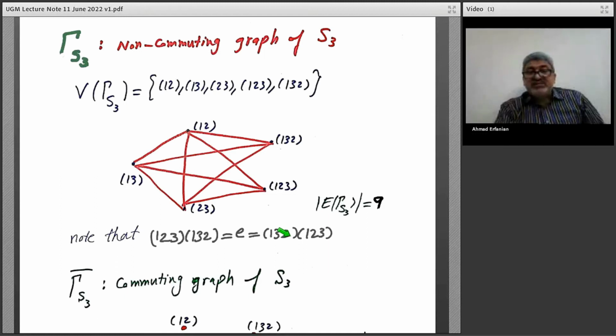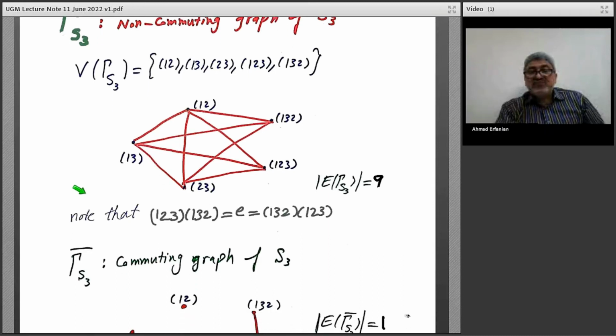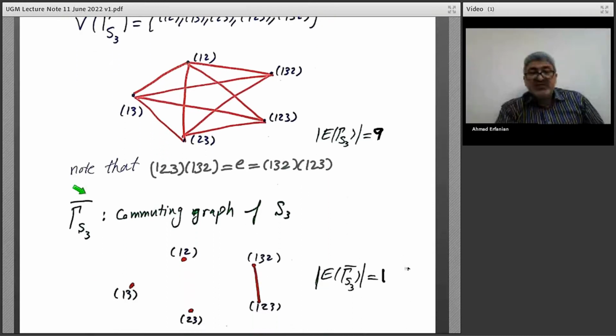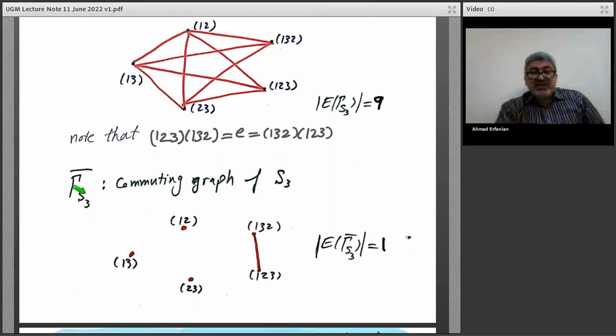And for this reason, we don't have an edge between (1 2 3) and (1 3 2). So here is the graph, and you can see that we have 9 edges here. You may just consider the complete graph K5 and remove 1 edge, right?